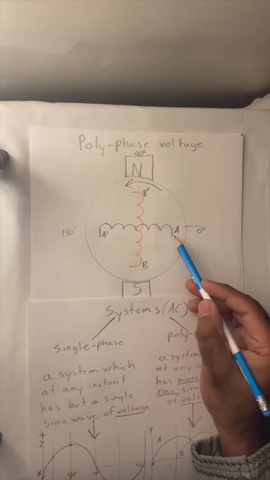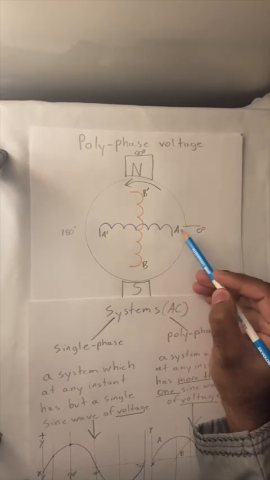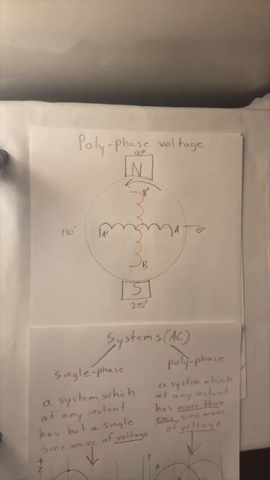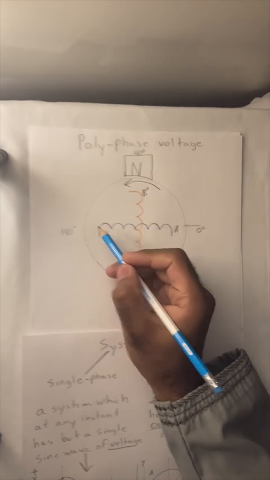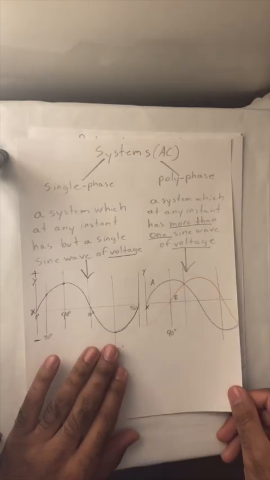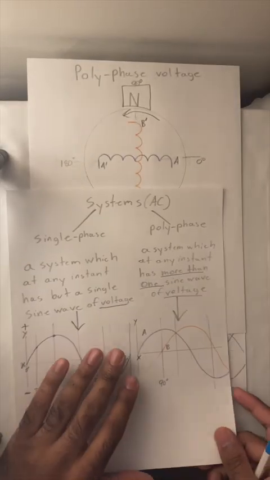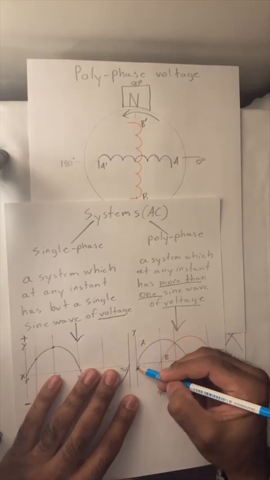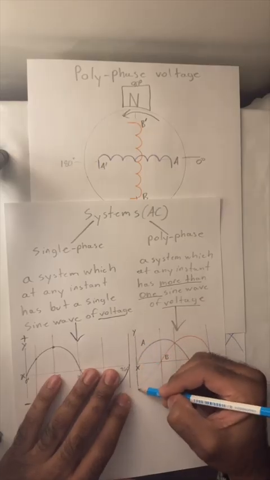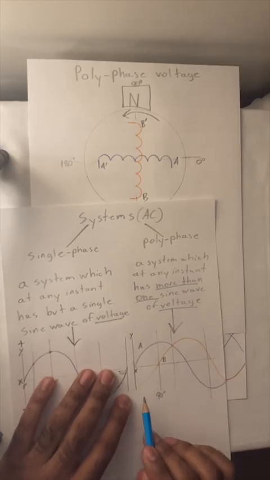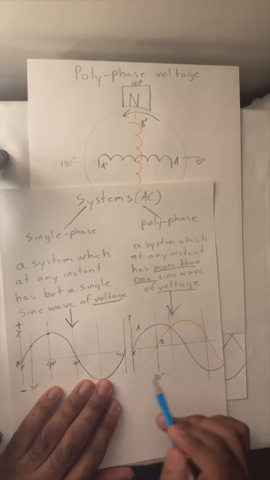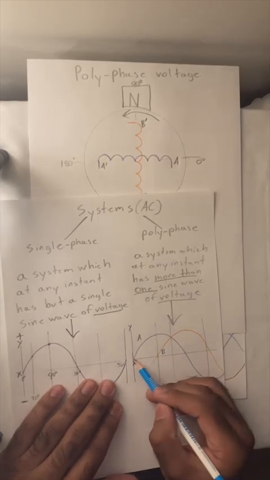In this instance, we have A at 0 degrees and B at 270 degrees. This corresponds to the instantaneous voltage at 0 degrees. As we can see, B is at its maximum negative value, and A is at 0.